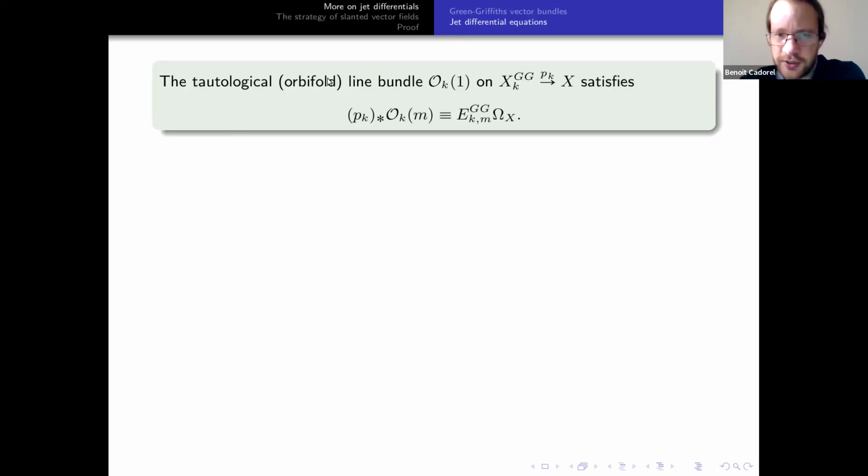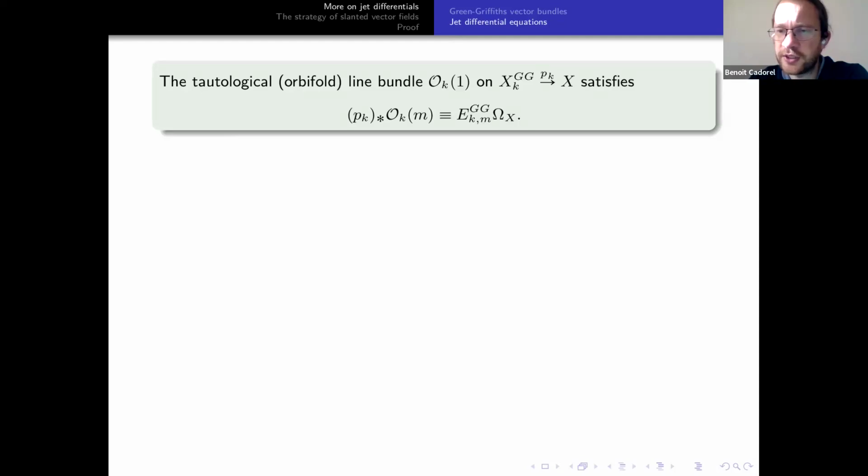What you can do, as always, is take powers of this orbifold tautological line bundle, and if you project it back to X, you get your vector bundles of sections of weight m in your algebra.